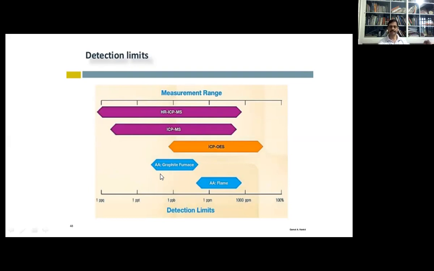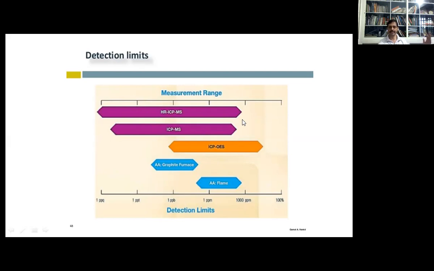ICP-MS is more sensitive. It can reveal you the particles even up to parts per trillion. And we have an advanced type of ICP-MS, that is HR ICP-MS, about which I will mention you at the end, where even parts per quadrillion, that much fine particles can be identified and measured.